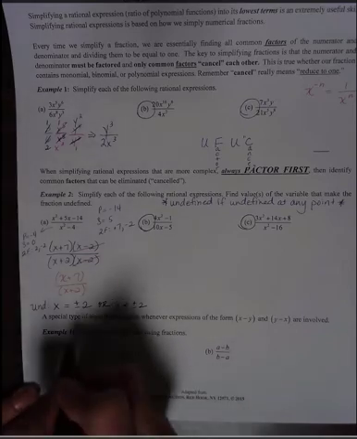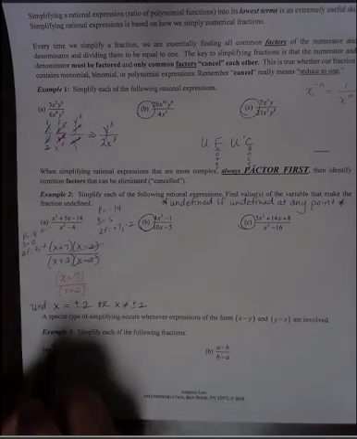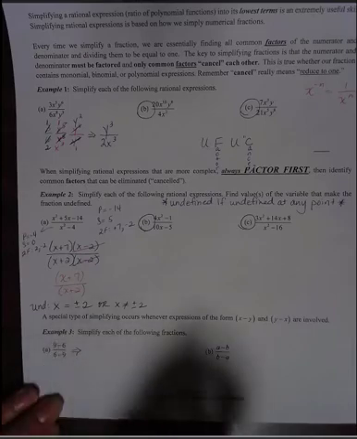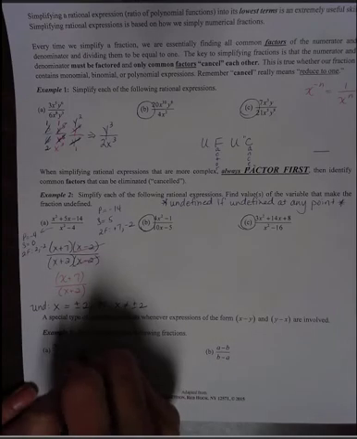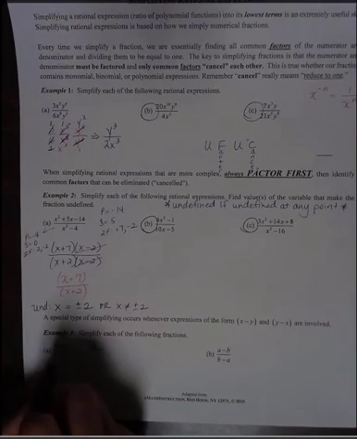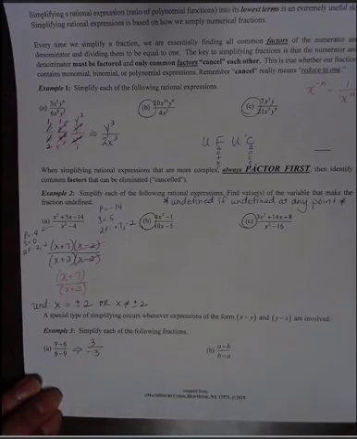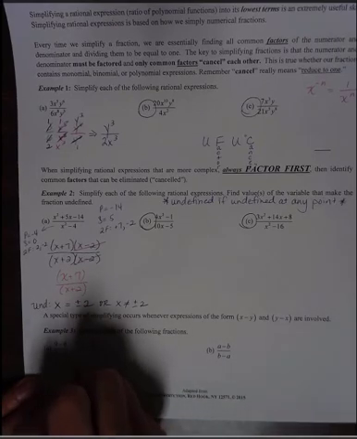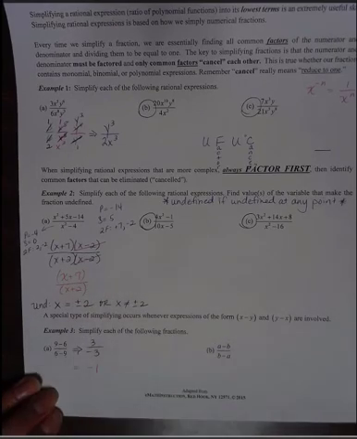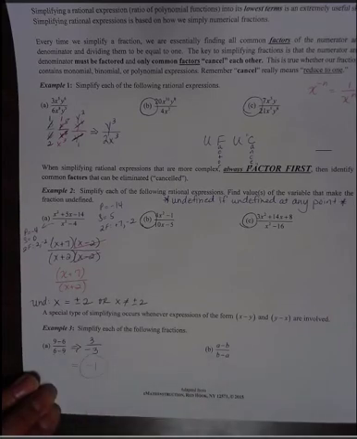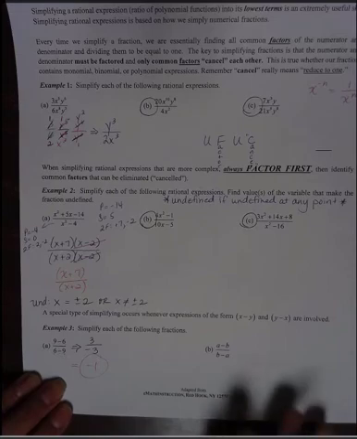If I were to evaluate this, I have 9 minus 6, which would be 3. And then 6 minus 9, which would be -3. If I were to divide these, I would get an answer of -1. And that's important as we look at examples that look like this.